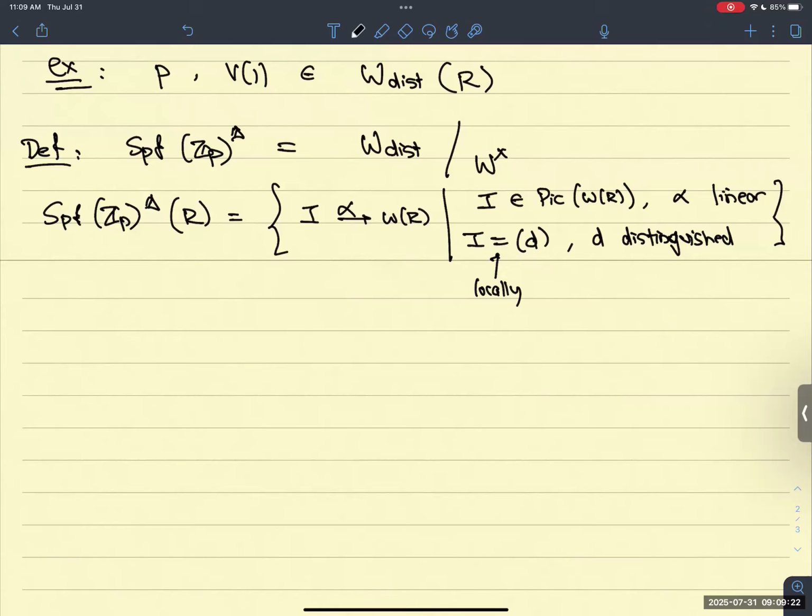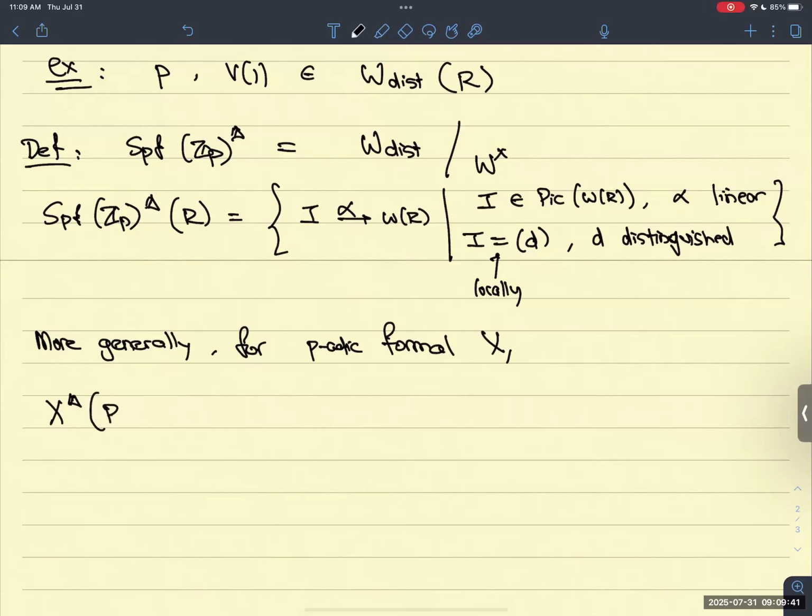And then once you have that, you can talk about X prism for any X. And so let me just give the definition and then tell you what it looks like. So more generally, for p-adic formal X, X prism of R is going to be given by two pieces of data.